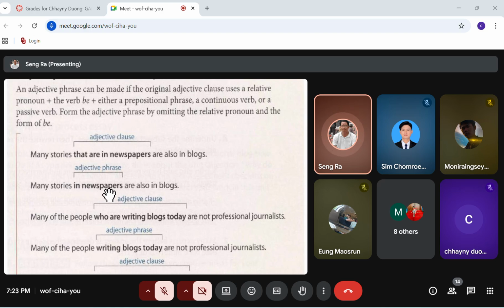In newspapers, this should be a prepositional phrase, but then it functions as an adjective to modify stories. So that's what you can do. You can either use the structure here or here. So that depends.